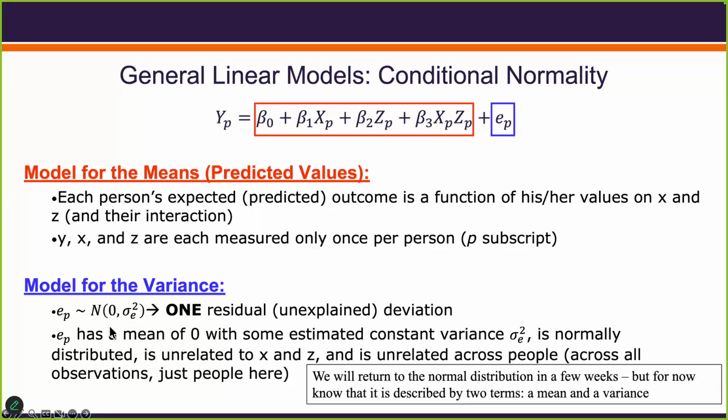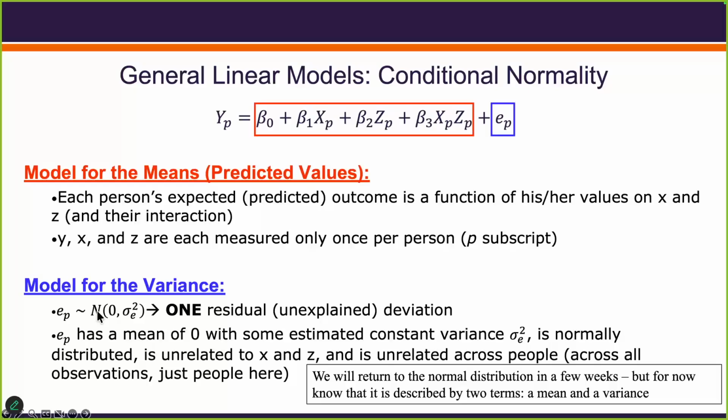So the model for the variance, it's really not a model in this case. Look at this symbol here, if you haven't seen it before, next to the error or residual term for a person. This tilde character you can read as "is distributed as." Sometimes we use a little more jargon: each of the errors is identically and independently distributed as.